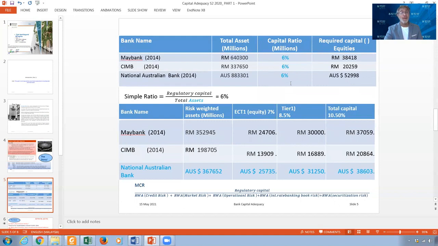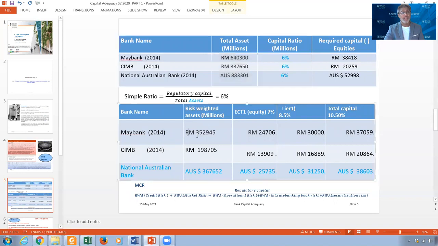This is if you are assuming you're taking the leverage ratio, which was valid before 1989. Now I take the same data, risk-weighted assets in millions in 2014, but I don't take the total assets.